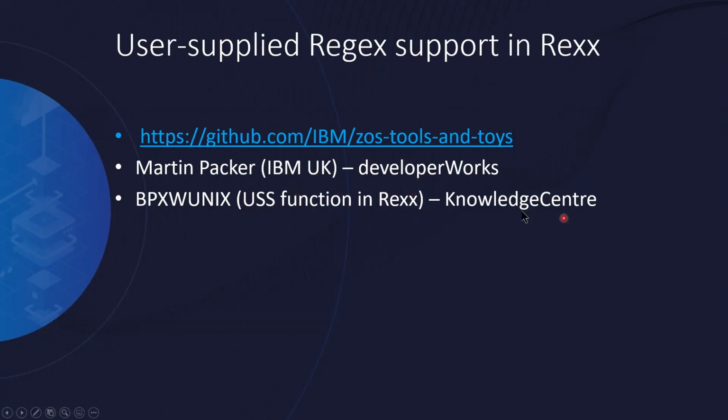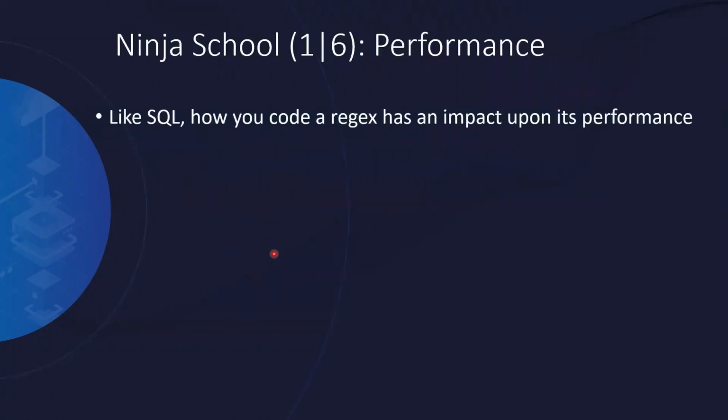Also, if you have a look at the IBM Knowledge Center, there is a BPXWUNIX function in Rexx that you could use, but it's not fun. So basically, there's no IBM supplied support for regular expressions in Rexx.